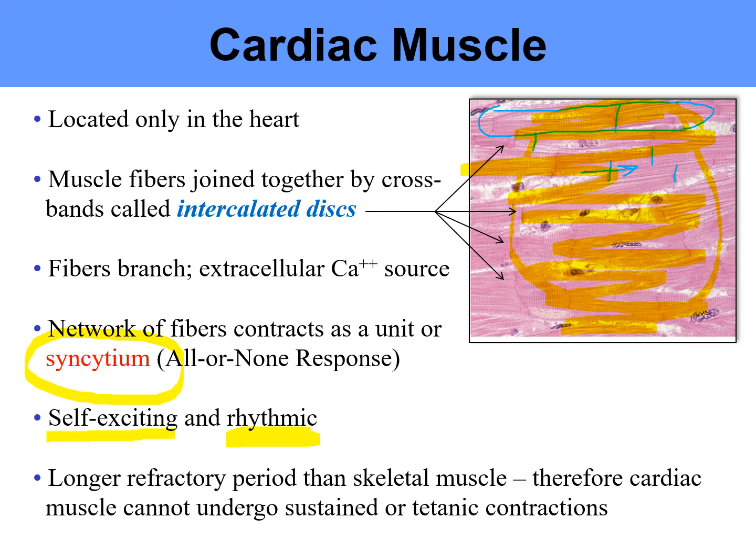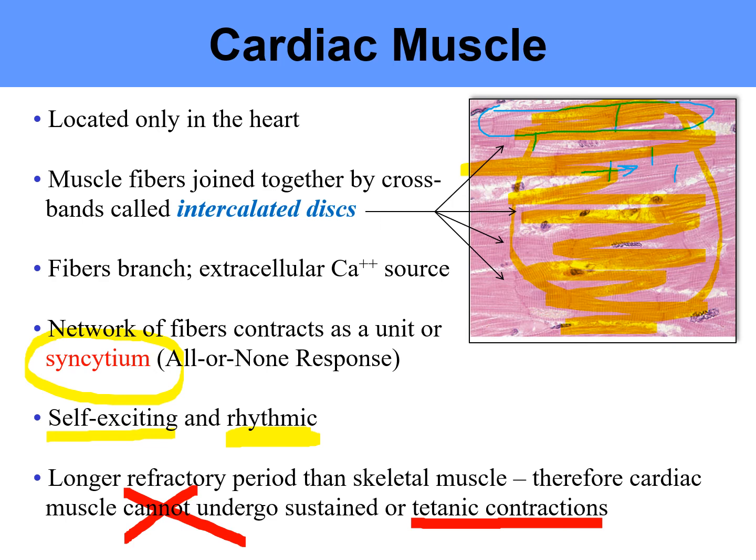And then lastly, this very interesting property that cardiac muscle cells exhibit, and that is the fact that you cannot induce tetany in cardiac muscle. We know that if we stimulate skeletal muscle with increased frequency, we can get this summation and tetanic response. Go back to that video where I talked about that.